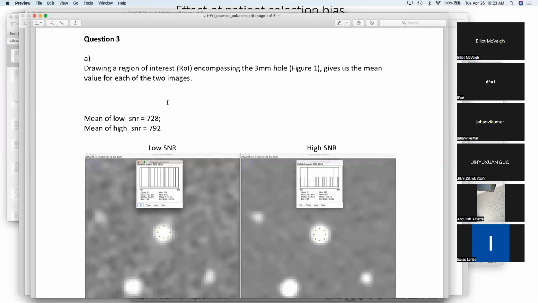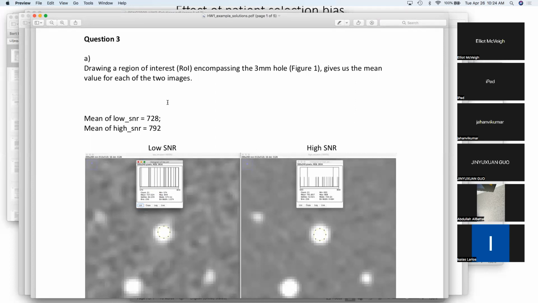SNR, if you had, say, a signal in an MRI scanner or in a PET scanner, and you put that signal in the middle of your imaging device and measured how much signal came out, and you did that 1,000 times, and then measured the oscillation of that signal over trials, that's like signal to noise, right?